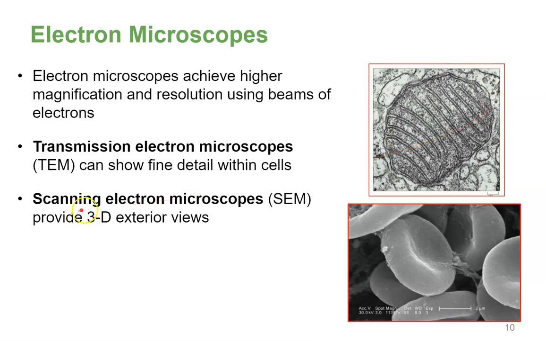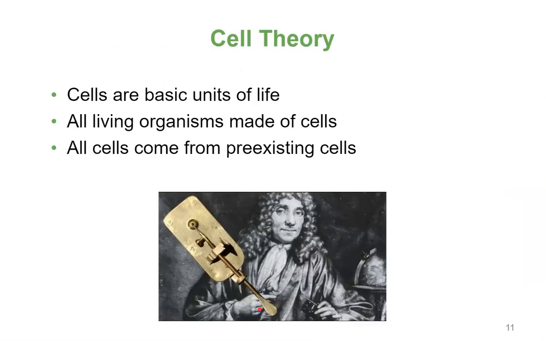The other type is a scanning electron microscope, an SEM, and that provides a nice exterior view of the cell. So again, electron microscopes provide amazing detail, but it kills whatever is placed inside of it. So we can't really look at the movement or behavior of the organism.